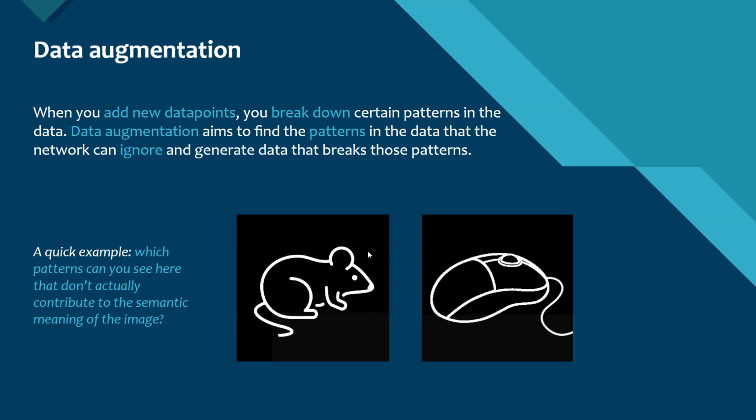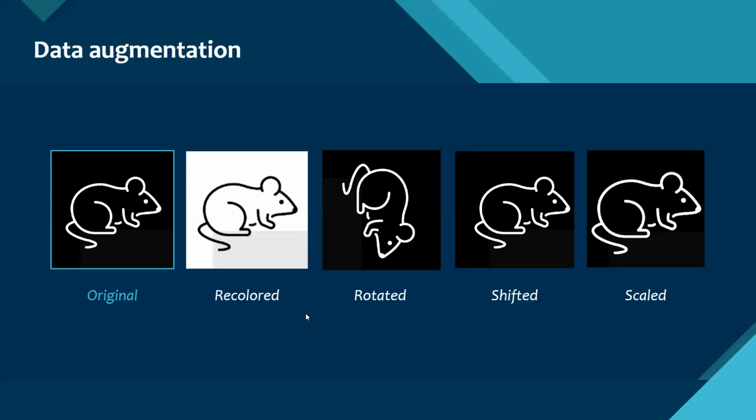We have some empty black space here, right? This mouse doesn't have to be at this particular pixel position in the image. It doesn't necessarily have to be black and white. It doesn't necessarily have to be a lot of things. So we might ask ourselves why we are restricting ourselves to thinking of this image in only one certain way.